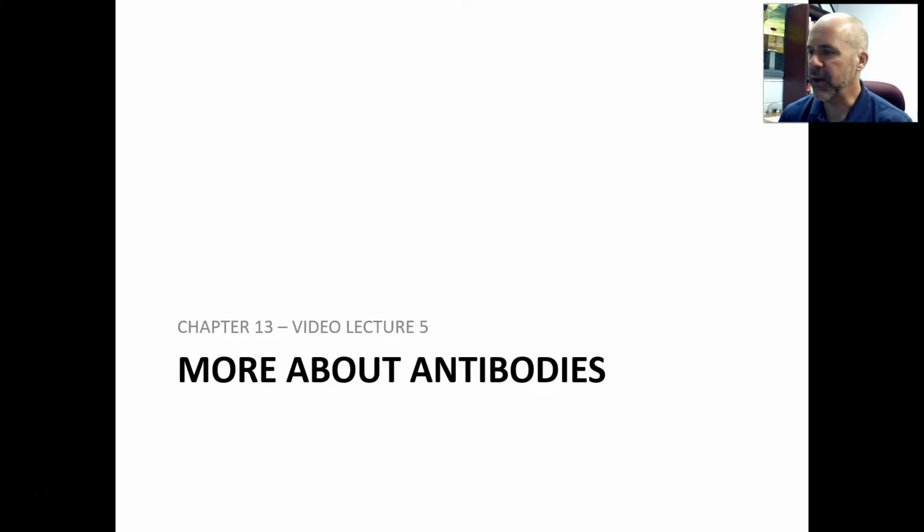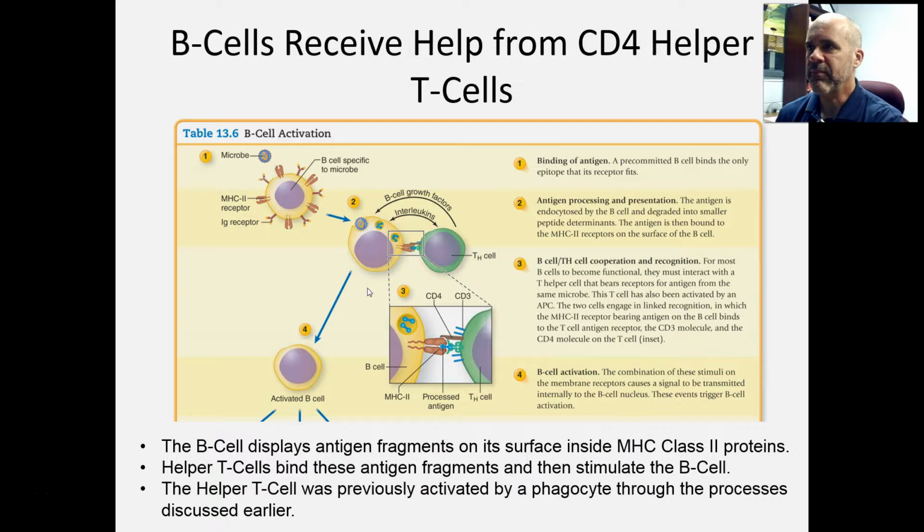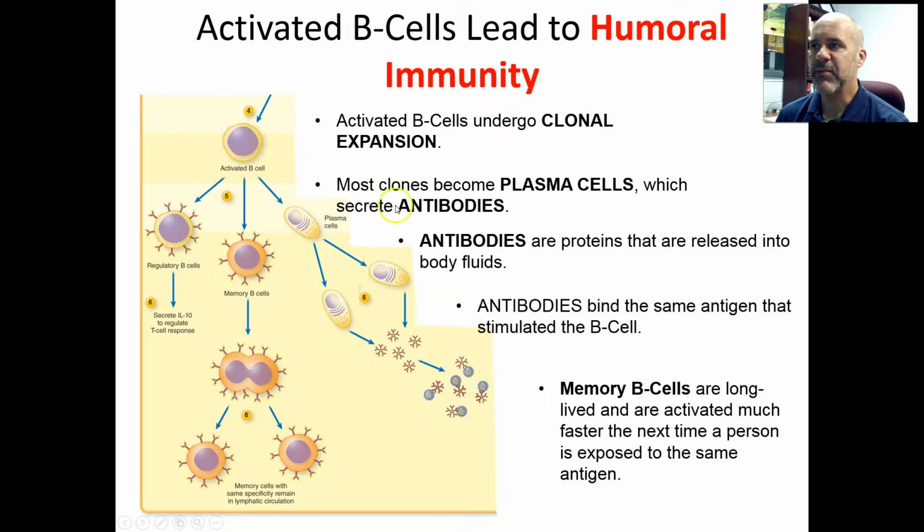Oh, and one thing I didn't really point out over here. Up here at the beginning of the story, this was our little generic microbe that attached to the B cell receptor originally. The plasma cells over here that are generated from that activated B cell secrete these antibodies. Those antibodies bind to the same exact antigen.